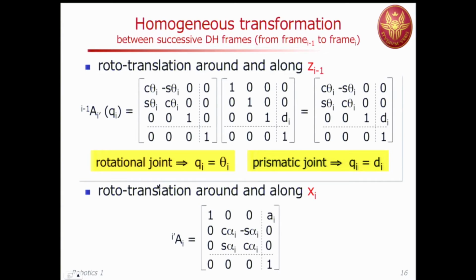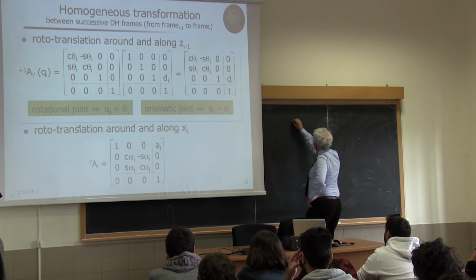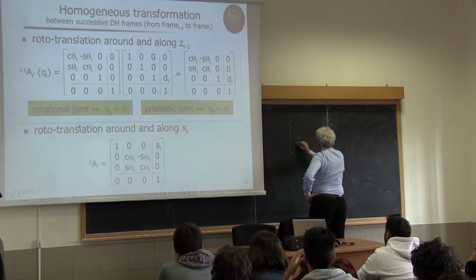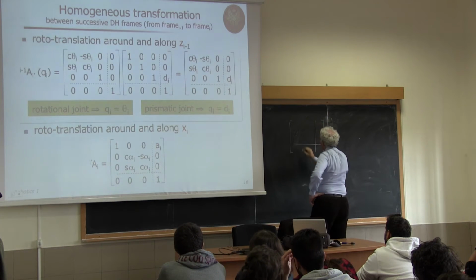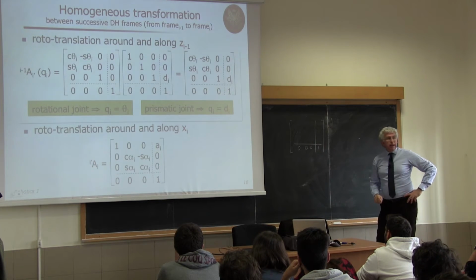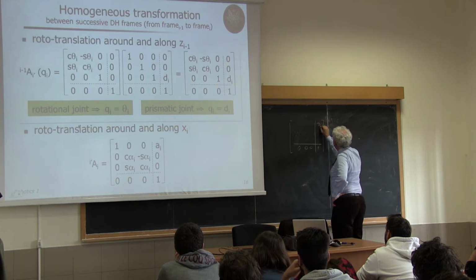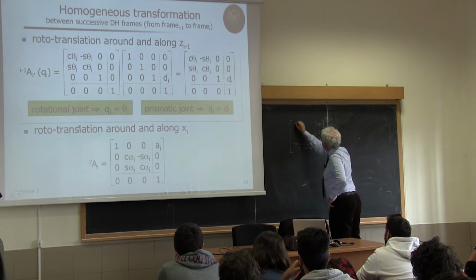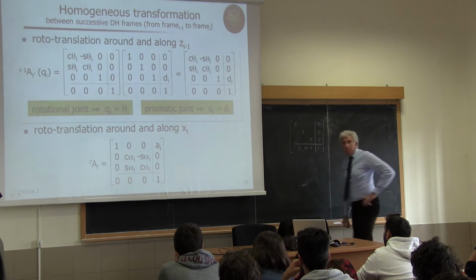I can write it here on the blackboard, it's just the result, because even in that case, there is no order. Any order is okay. So I will have a translation along the current x-axis, which is at this point already x_i. So I will have a_i, 0, 0, and no rotation.